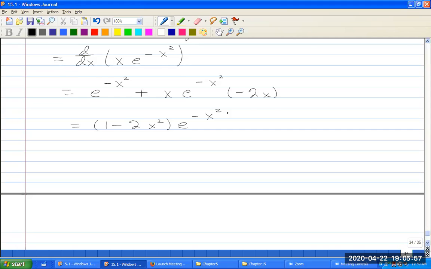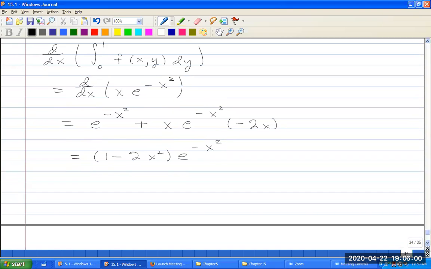And so if I look at the derivative of this integral when x equals 0, if I plug in 0 here, that's just going to be a 1.